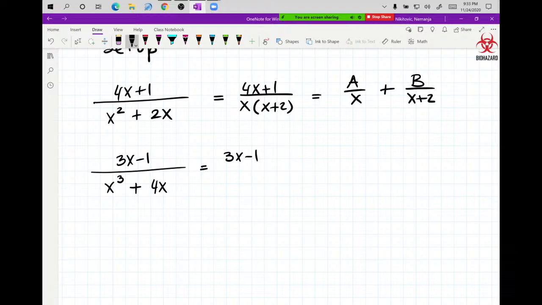So that's x times (x squared + 4). Now what you have is a linear factor plus a quadratic, which cannot be factored, right? It's a prime quadratic.